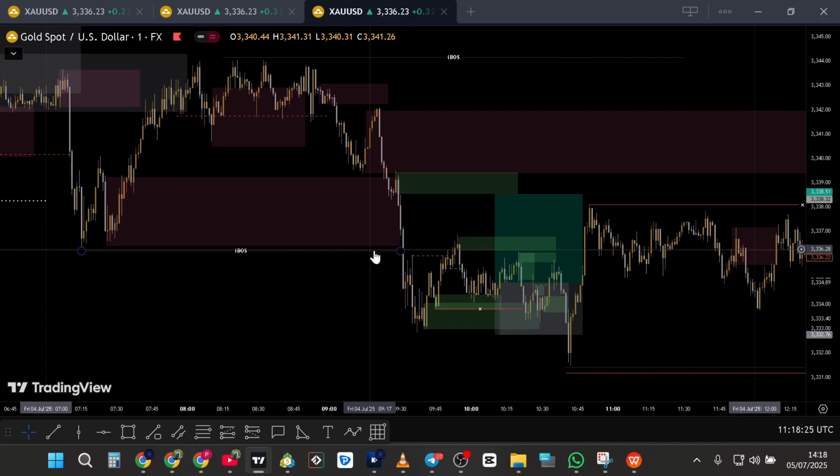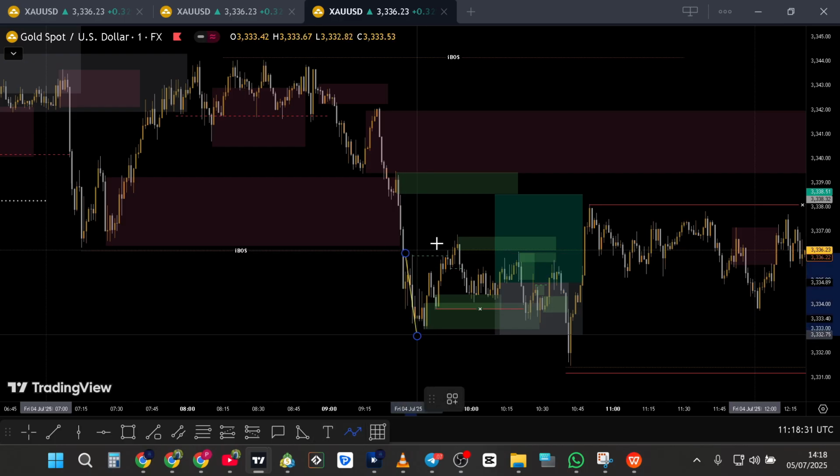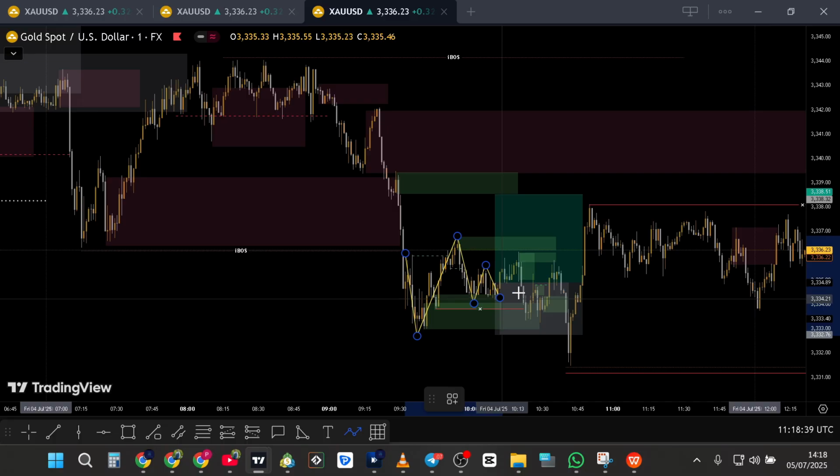So when it broke, my eyeballs right there, I felt now with this change of character right here, like that, price came back to this flip zone, okay, and then came up again. When it came down, now I took my trade around here, and I was actually expecting at least price to come to this supply before continuing to the downside and also induce more sellers, but actually I was the one being induced.